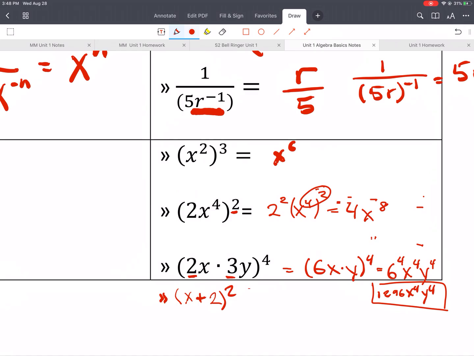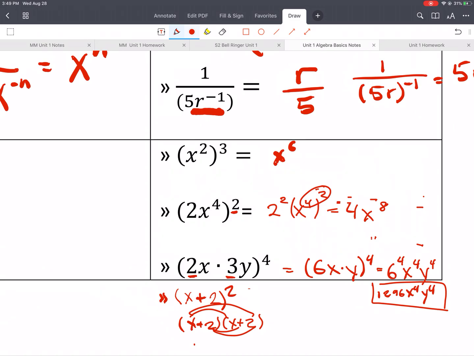Because remember, this would be the same as x plus 2 times x plus 2. So 2 times x plus 2, and then you'd need to FOIL.